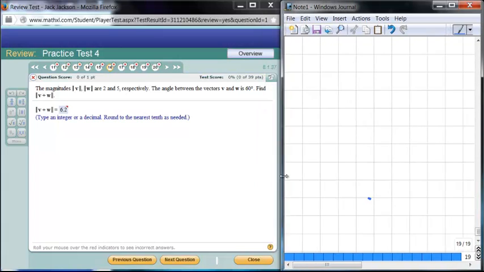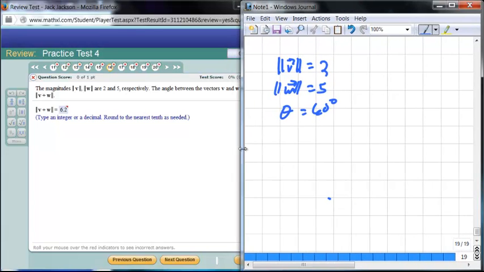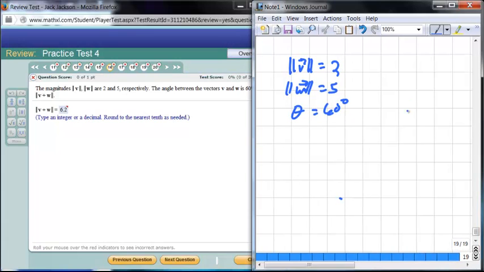Okay, magnitudes are 2 and 5, so the magnitude of vector V is 2, magnitude of vector W is 5. The angle between is 60 degrees. Find the magnitude of the sum.